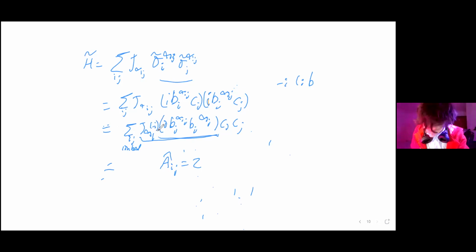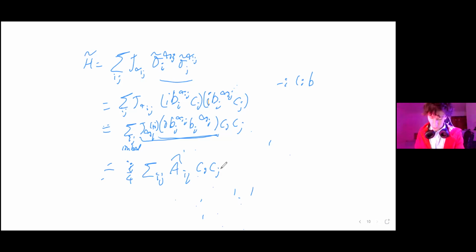But I do want to write this as, we should be careful about signs. So that minus sign cancels and I end up with, I'm going to write this with the following sign convention: sum over ij, A hat_ij, c_i c_j. You'll notice that's a factor of 4. A factor of 2 you could excuse because here I'm unrestricting i and j, so I'm going to double count each pair.